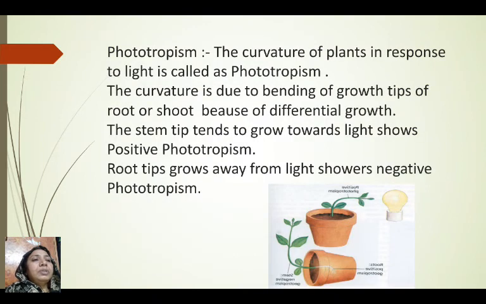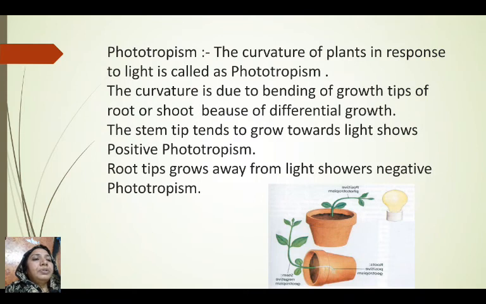In phototropism, the curvature of plants in response to light occurs. The curvature is due to the bending of the growth tips of the root or shoots because of differential growth. The stem tips tend to grow towards the light and show positive phototropism, while the root tips show growth away from the light source.